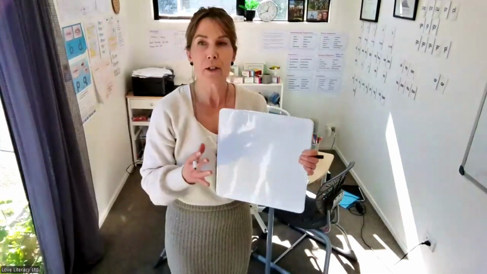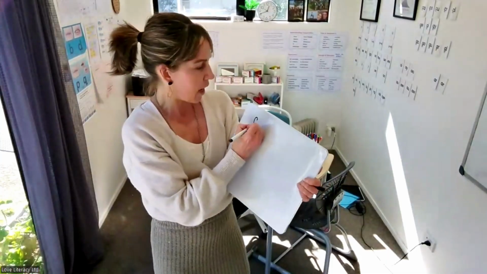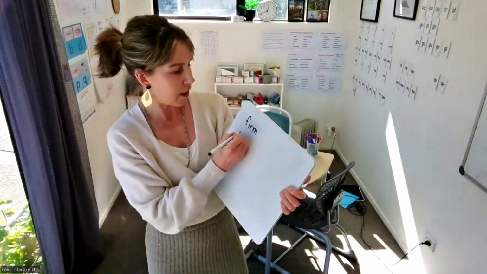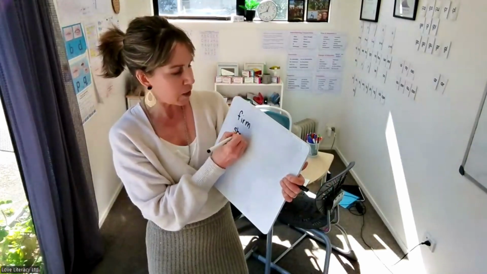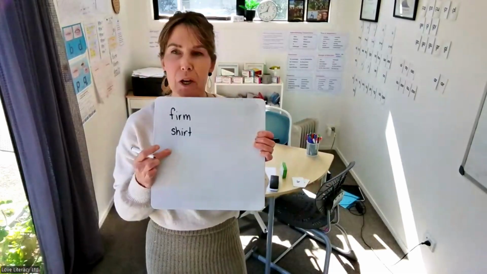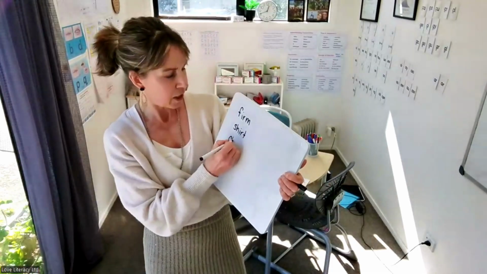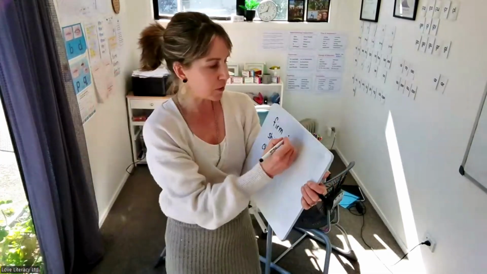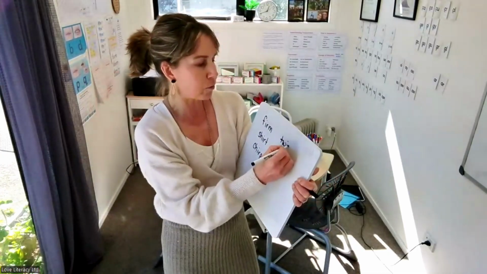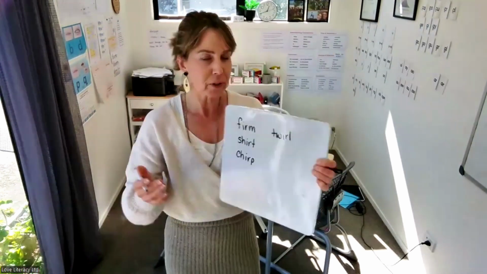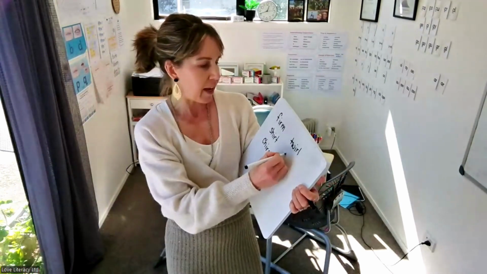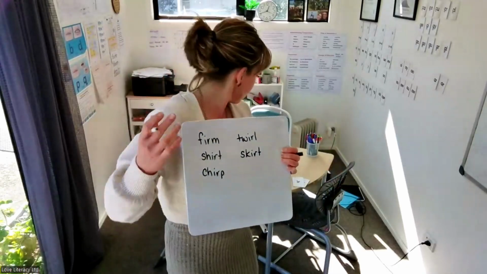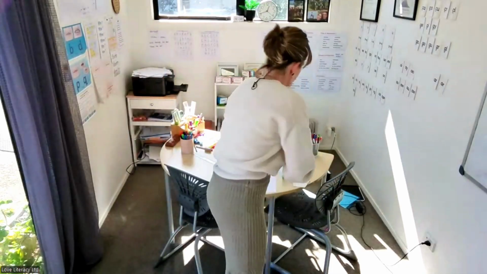So often teaching younger learners, I will keep the words fairly straightforward, just single syllable. Words like firm, and we will make sure that we roll back and put in some digraphs, like for example, shirt and chirp. You can also put in some consonant blends with words like twirl and skirt.